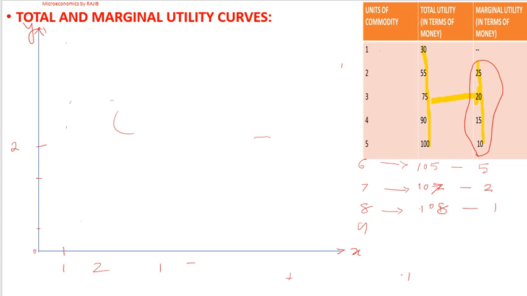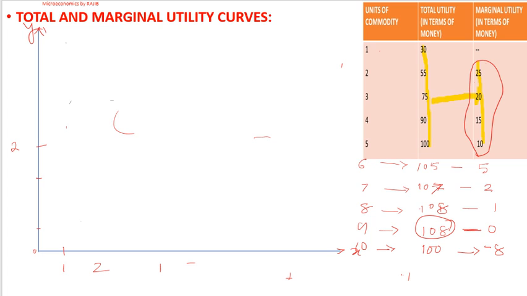And in the 9th unit what happens? It is 108 itself, and marginal utility is 0. And for the 10th unit, if you increase your consumption, then total utility will diminish, it may reach 100, and marginal utility will be negative, that means -8. So this is the relationship between marginal utility and total utility.